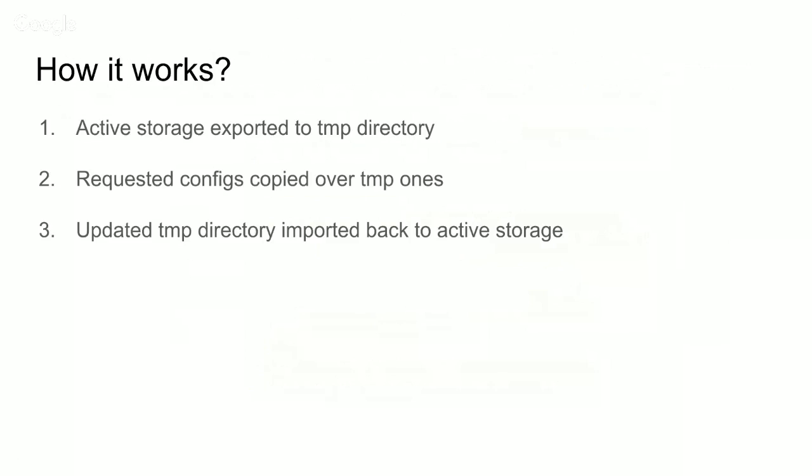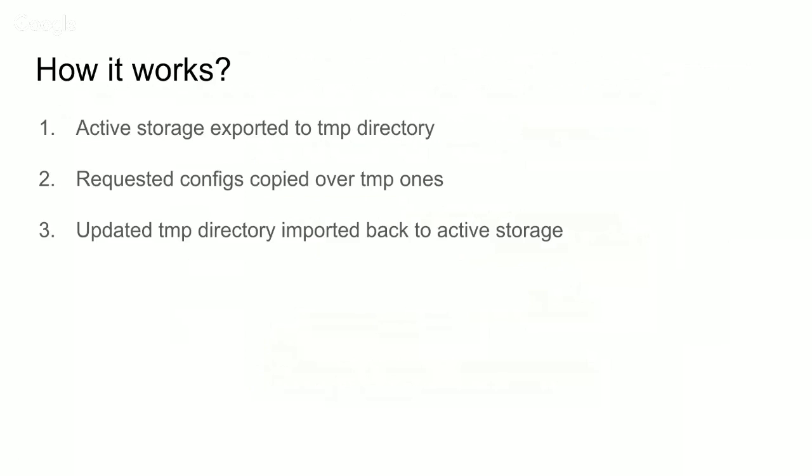And how it works under the hood: there are 3 steps of updating config inside your Drupal 8. First step is to export all the active storage to some temporary directory. Next, the config that you requested to update overrides the configs inside the temporary directory. And next step is to import all the configs from the temporary directory back to active storage.